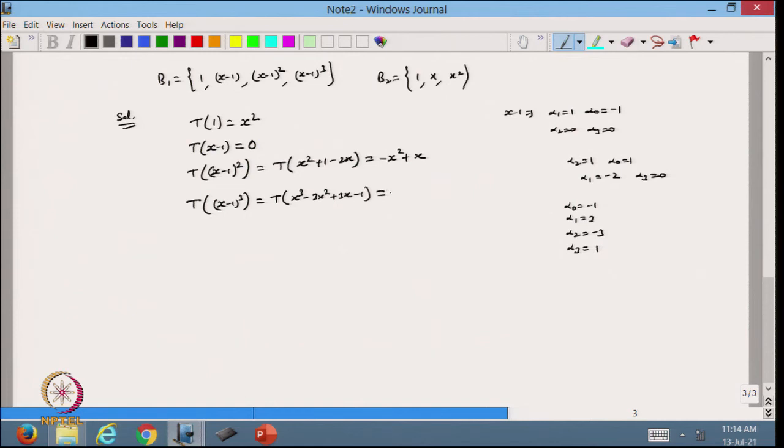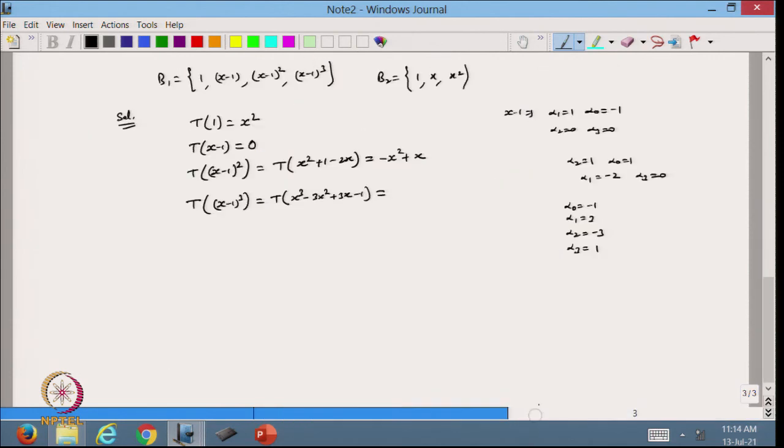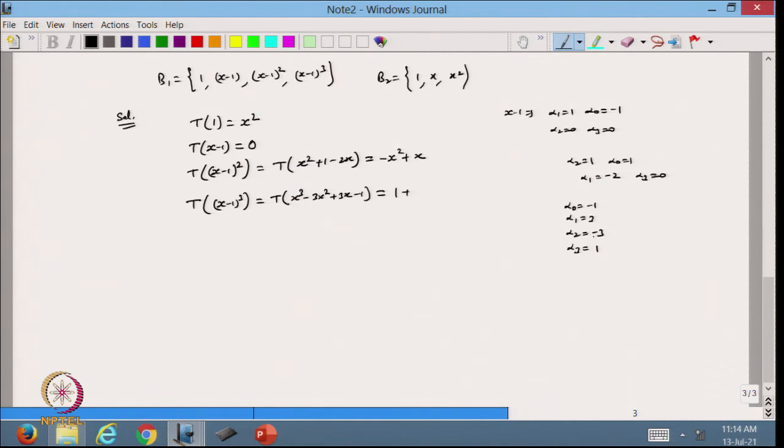And if you put these here, it is equal to alpha 3 is 1, then alpha 2 plus alpha 3, so it will be minus 2x, and then alpha 0 plus alpha 1, so it is 3 minus 1 plus 2, so 2x square. So, that will be equal to 1 minus 2x plus 2x square. So, that is the image. Now, from here we can write.